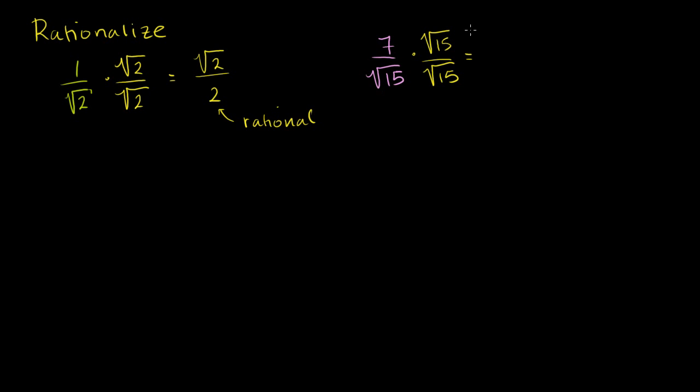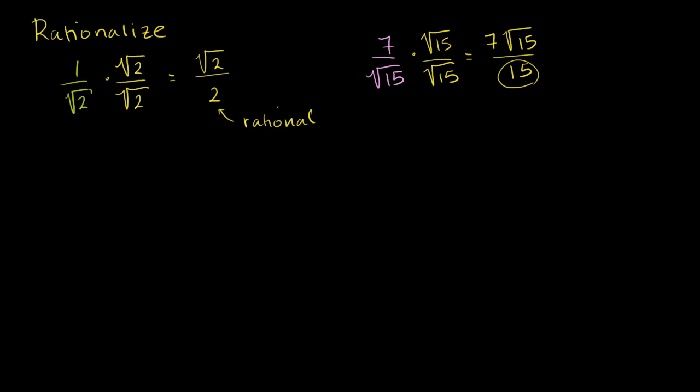This is going to be equal to 7 times the square root of 15 over the square root of 15 times the square root of 15. That's 15. So once again, we have rationalized the denominator. This is now a rational number. We essentially got the irrational number up on the numerator. We haven't changed the number. We just changed how we are representing it.